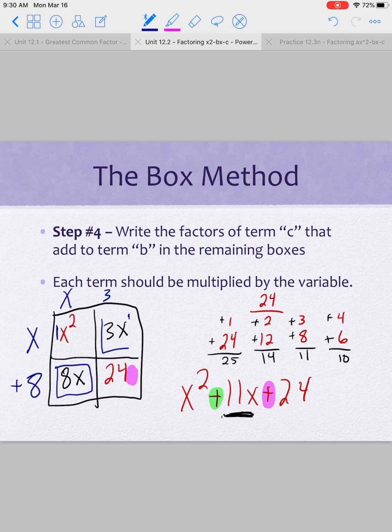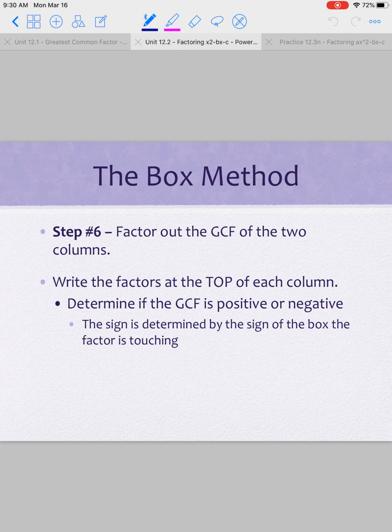And once again, I look to see, and I'm touching a positive box. So I have x plus 3 and x plus 8. So my solution here, and I'll write it right here, it's just going to be x plus 3 times x plus 8. All right, so let's look at a couple more examples here.